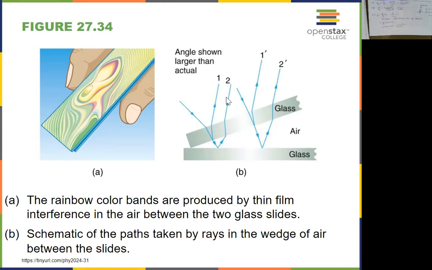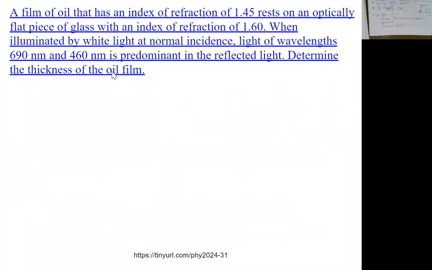Ray 1 and ray 2 have a path difference. Ray 1 does not have a phase change, but ray 2 does, because it goes from a thinner medium to a thicker medium. So you also have the phase change effect. At the end, the interference of these two rays contributes to the interference pattern that you see for the two glass slides.